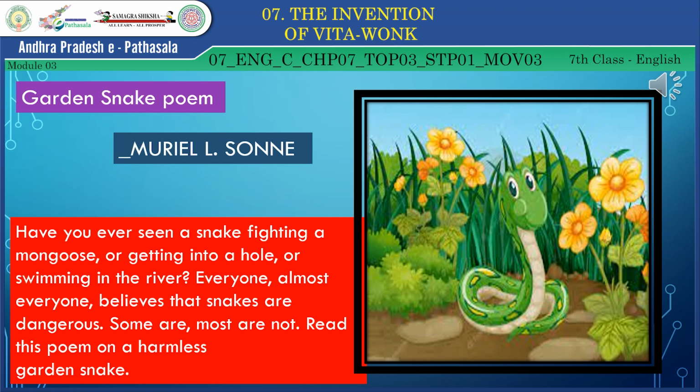Have you ever seen a snake in your surroundings? Have you ever seen a snake fighting a mongoose or getting into a hole or swimming in the river? Are you afraid of snakes? The way they move, they scare us. So, we are going to study a poem which is going to change our perception.